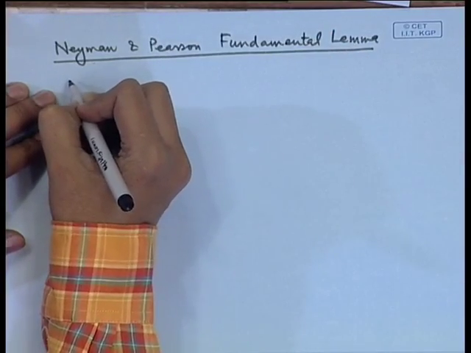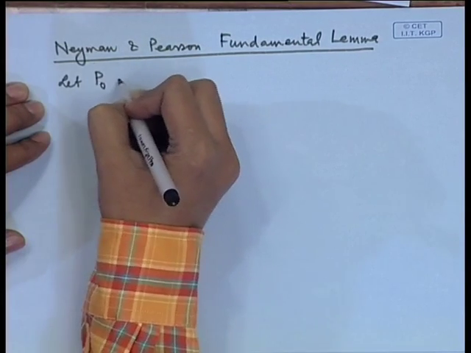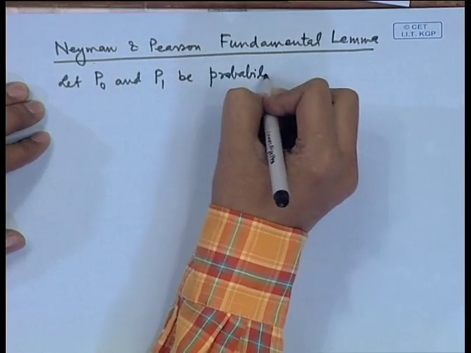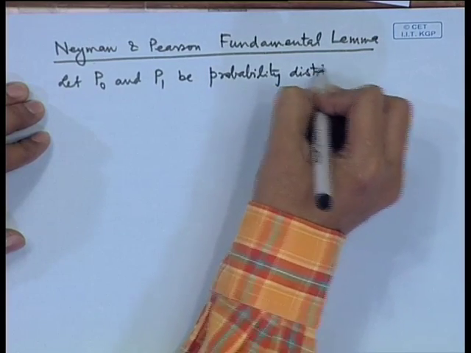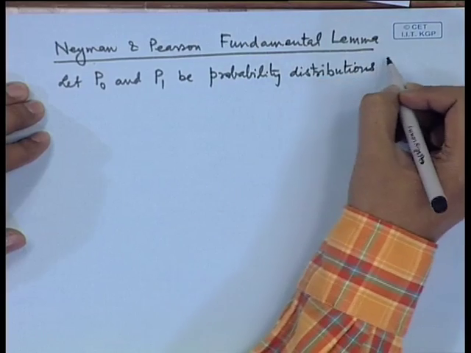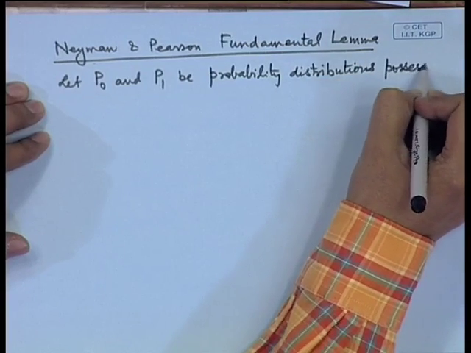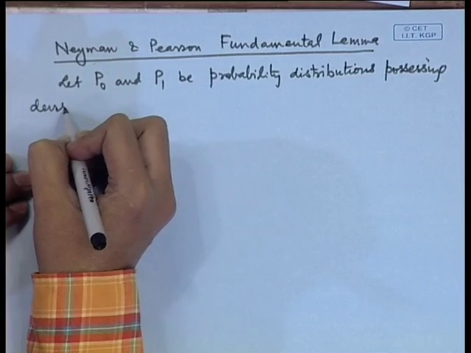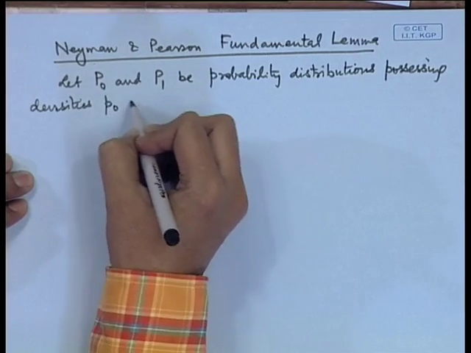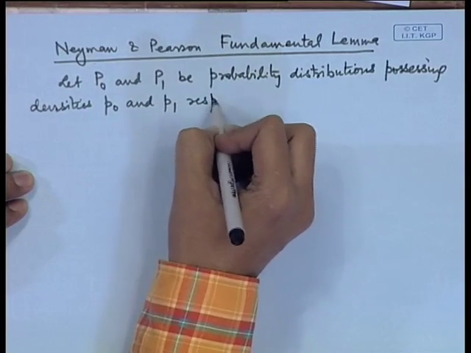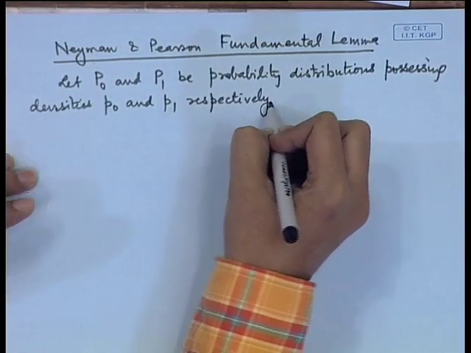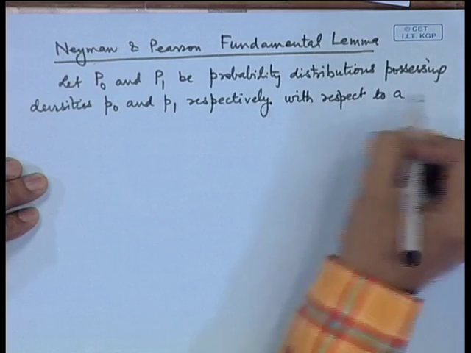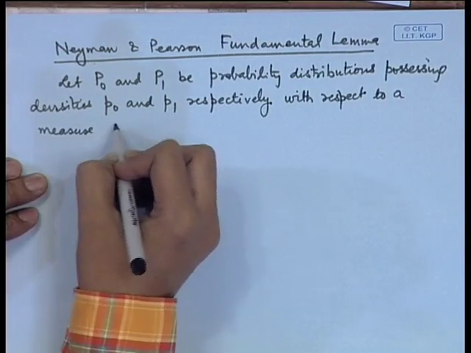So the theorem is as follows: let P naught and P 1 be probability distributions possessing densities p naught and p 1 respectively with respect to a measure mu.